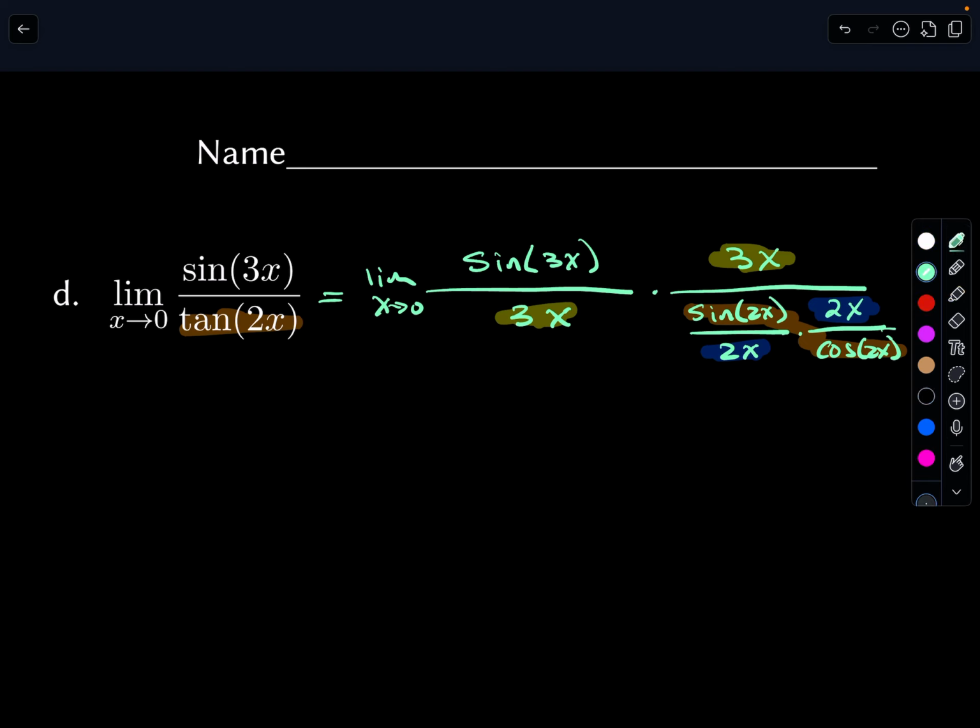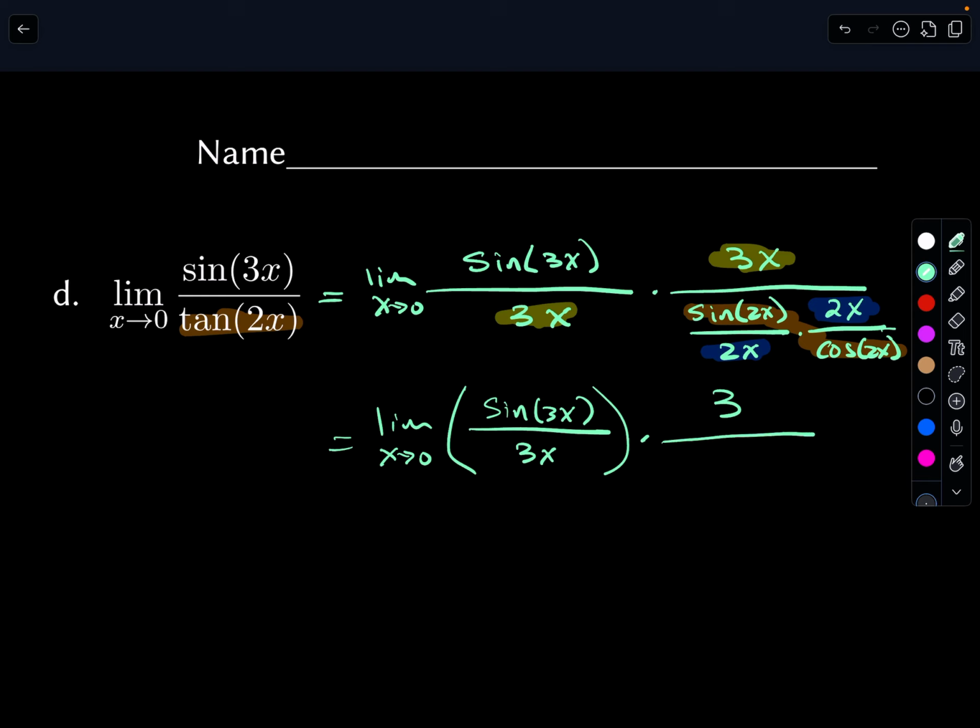So everything is balanced here. And so all that's left is to do a little bit more algebra. Limit as x approaches 0. We have this sine of 3x over 3x. And then one of these x's is going to cancel, and you're left with this sine of 2x over 2x times 2 over cosine of x. So hopefully you can see what happened there algebraically.